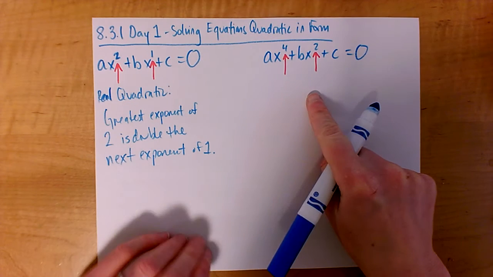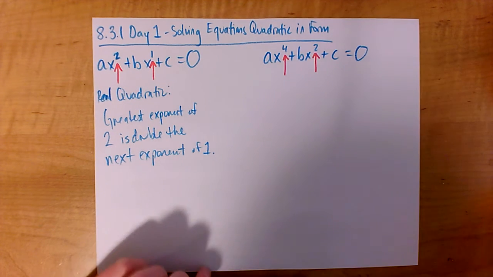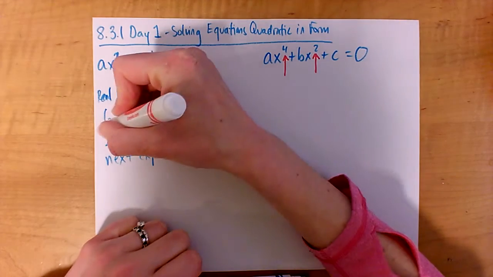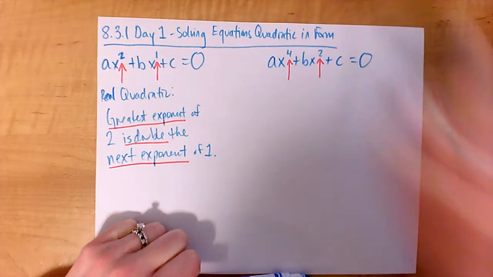And so something that's quadratic in form, you want to have a similar relationship. You want your greatest exponent to be double the next exponent.